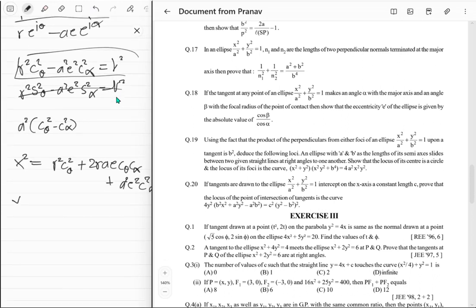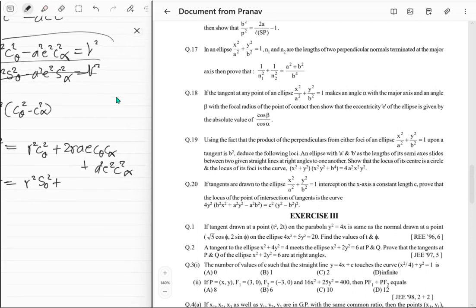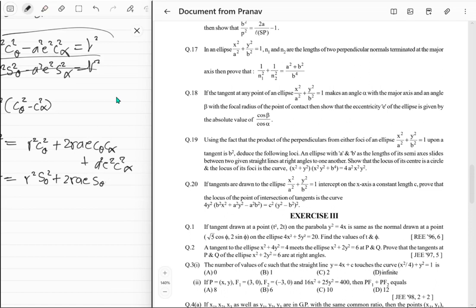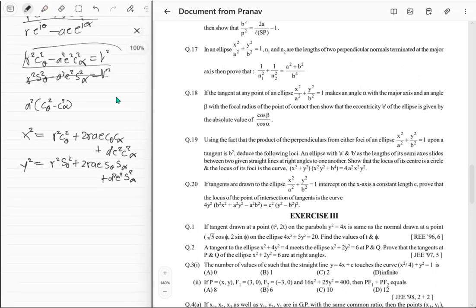And then just have y squared being everything but in sine squared: 2rae sine theta sine alpha plus a squared e squared sine squared alpha, right? We can of course add these up. It's going to be r squared plus a squared e squared. That's not really useful, huh? You can definitely write it as 2a squared or something. Okay, how do I get this thing? r squared, e squared and stuff like that. I want to get this thing.